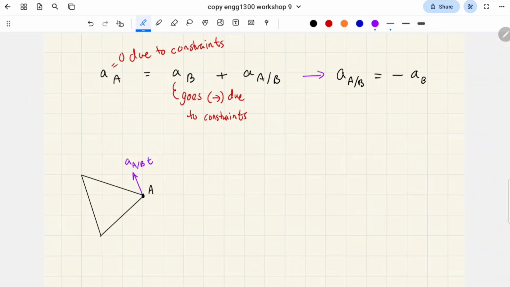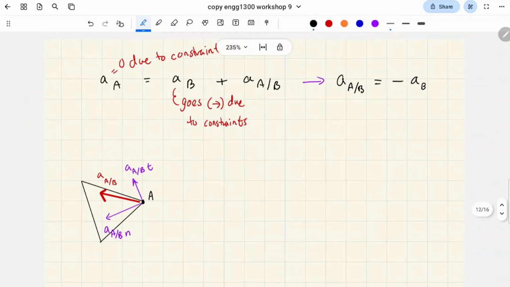It's a tangential component. Okay, sorry, my bad.